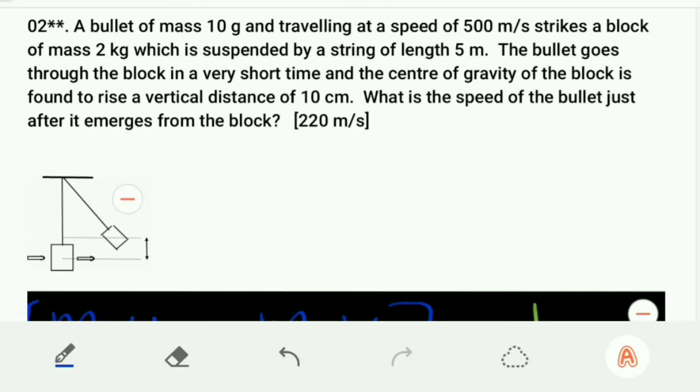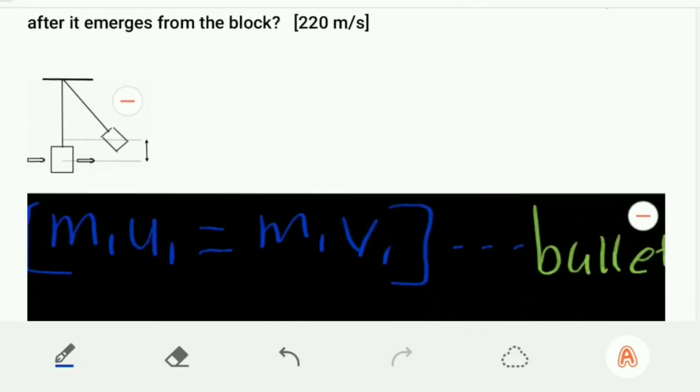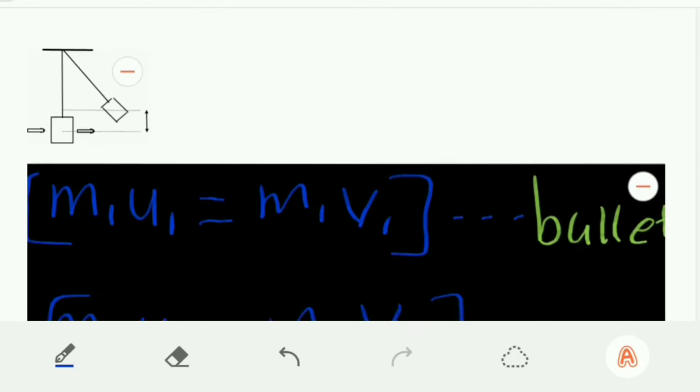So we have two objects: the bullet as well as the block. For the bullet, we are going to consider the bullet as m1.